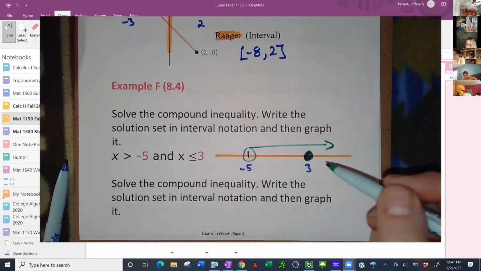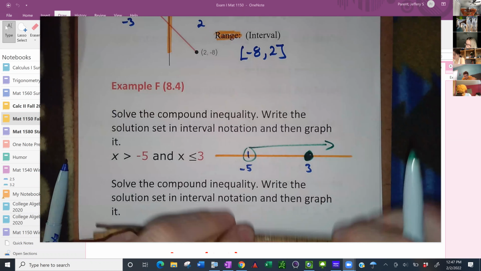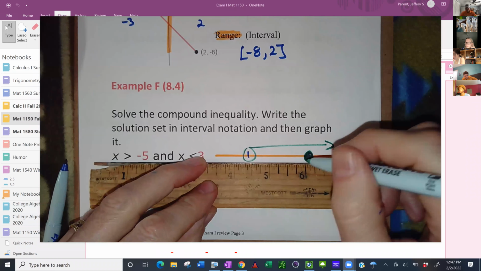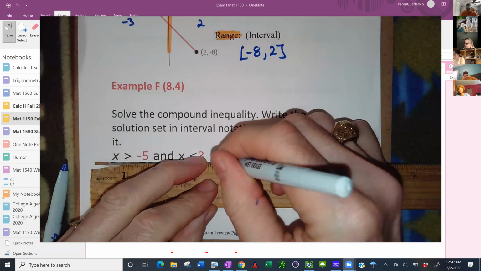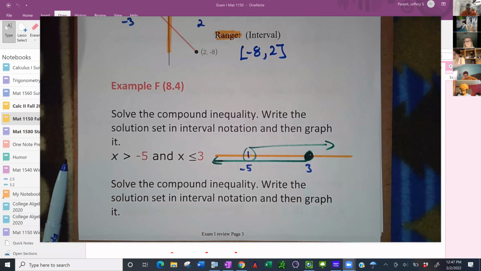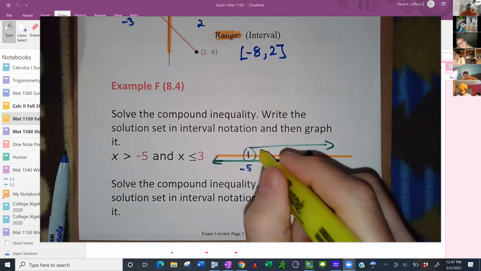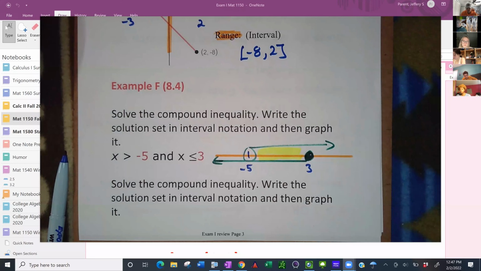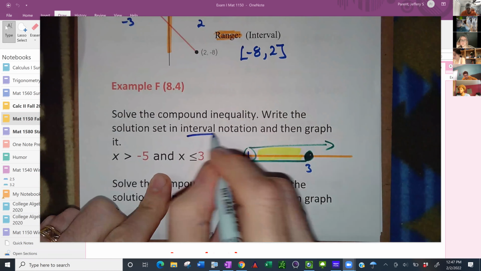Which way is the arrow going to run? To the left. Now we want to try and find the intersection of these graphs. So that would be everything in between here. That's our intersection.